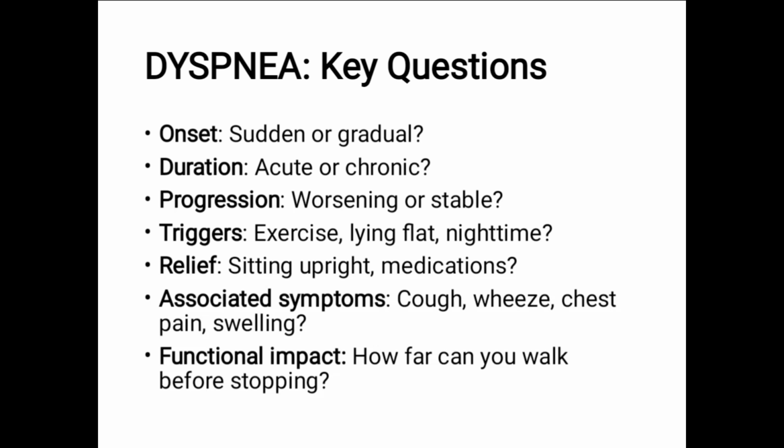Duration: acute or chronic? Progression: is it worsening or stable? Also consider the triggering factors. You can ask the patient, does exercise trigger the dyspnea? Does lying flat trigger it? Does nighttime trigger it? Because in dyspnea, this is where you can identify if the patient might have heart failure.